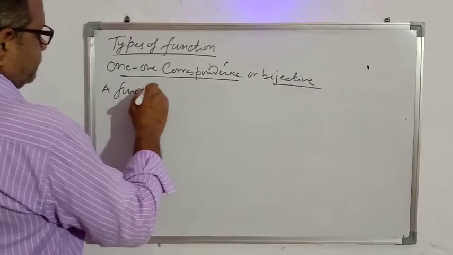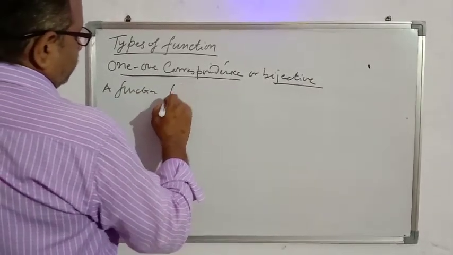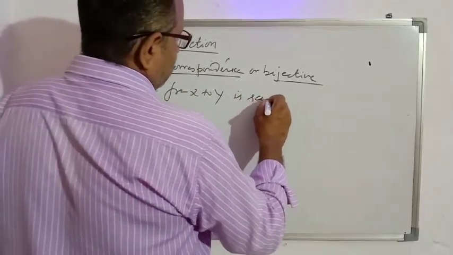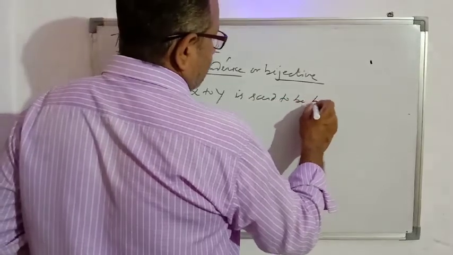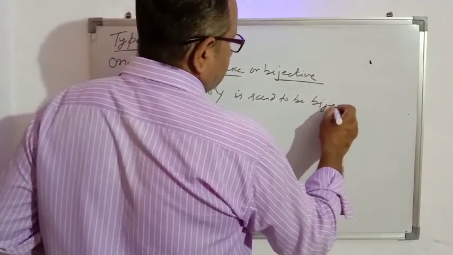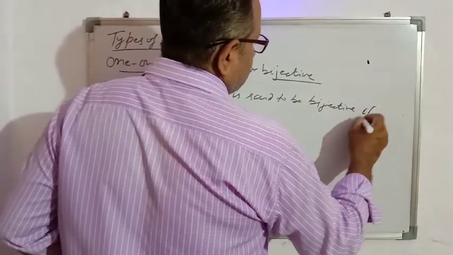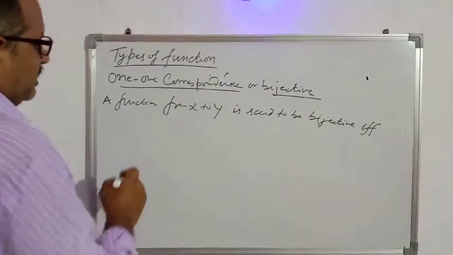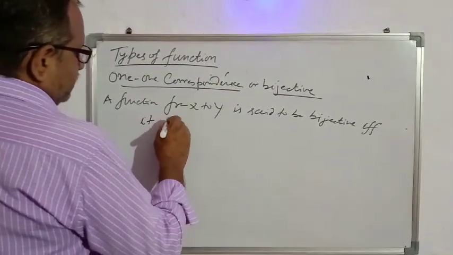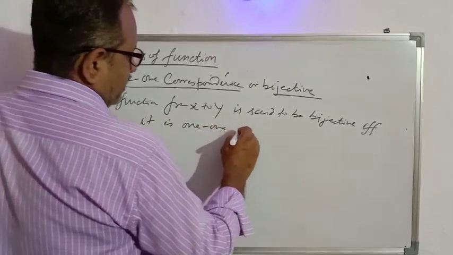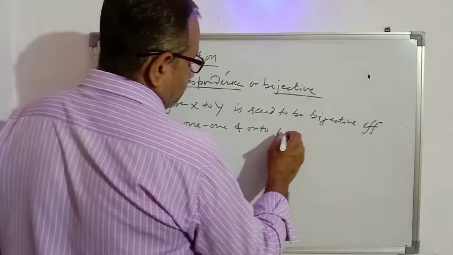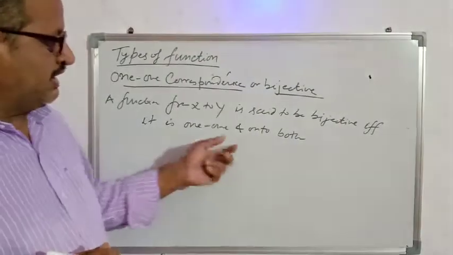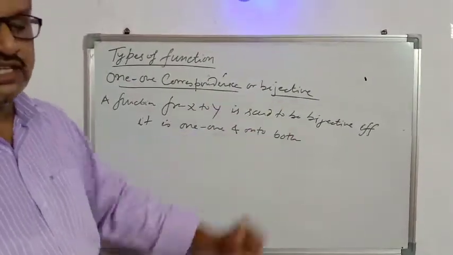A function from X to Y is said to be bijective if and only if it is 1-1 and onto both. If the function is 1-1 and onto both, then that function is called 1-1 correspondence or bijective function.